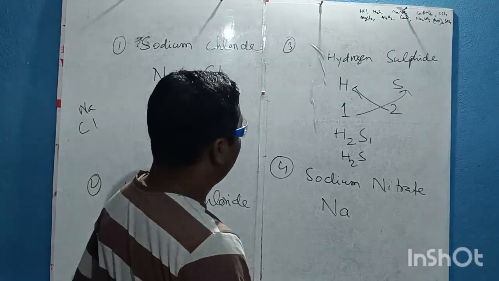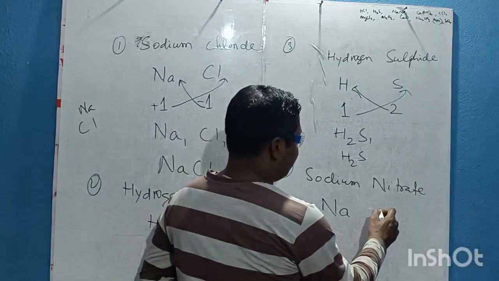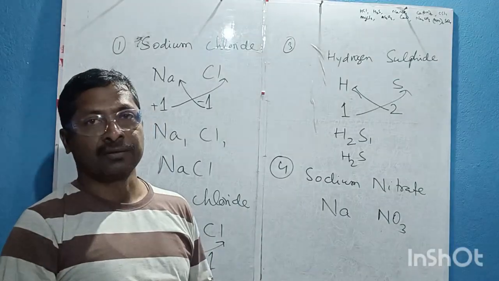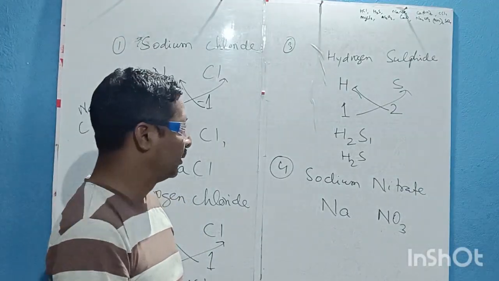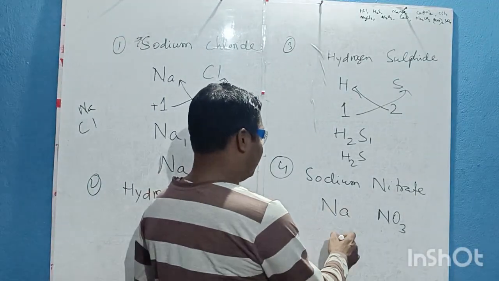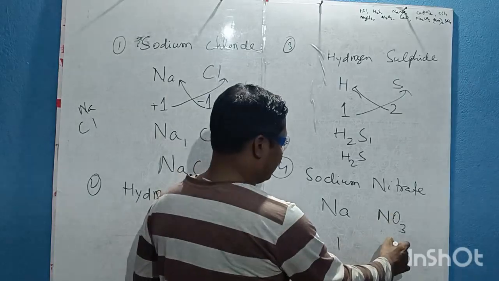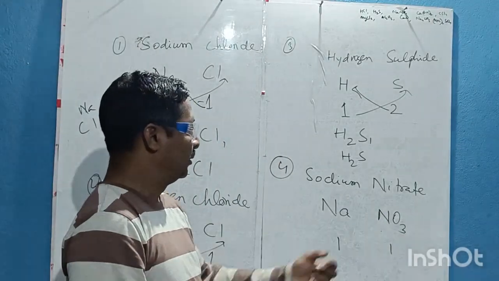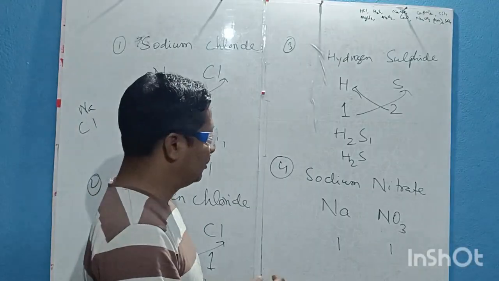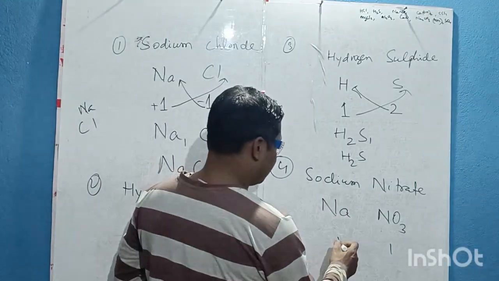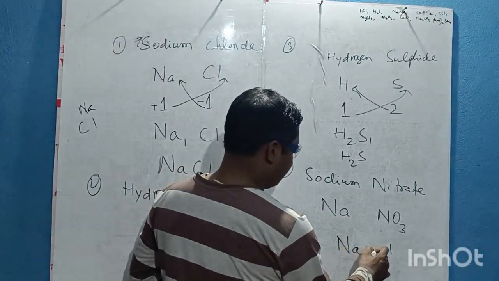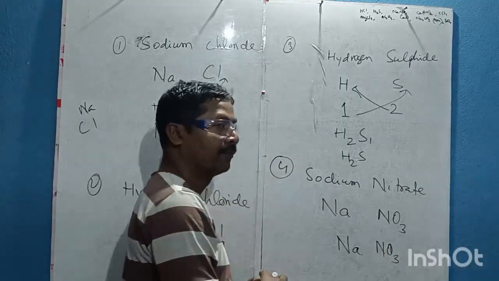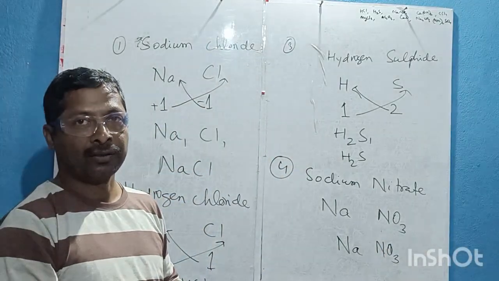Nitrate is a polyatomic ion having the symbol NO3. The valency of sodium is 1, NO3 is also 1. So there is no need of crisscross because 1 can be omitted. So the compound formula is NaNO3. There is no change there.